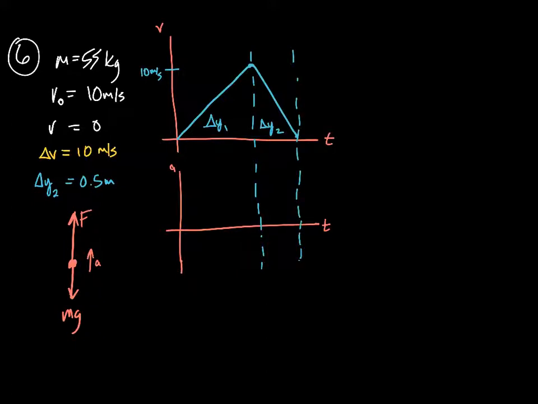So since that's an upslope, the change in speed for the first region is going to be a delta t1, and then there's a negative acceleration, this delta v2, for that other spot. It has to be negative because it's a downward slope.